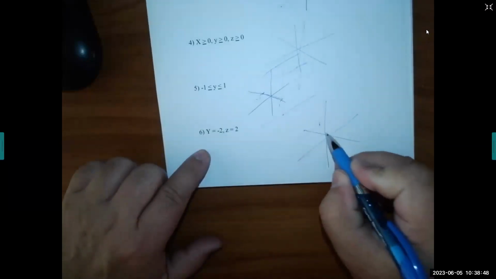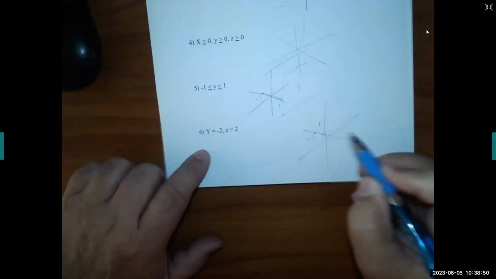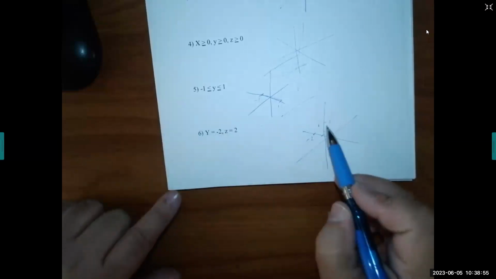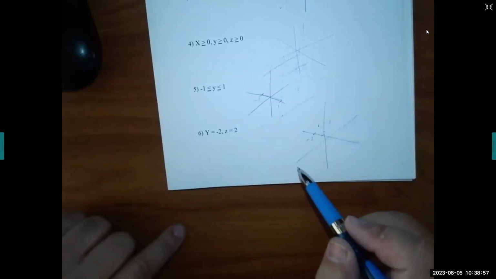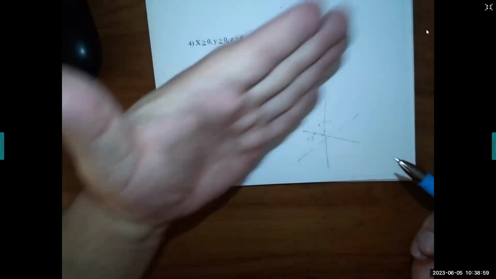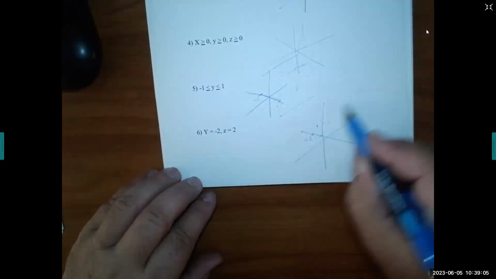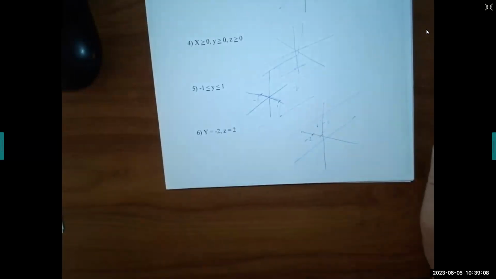So when Y equals -2 and Z equals 2, it'd be the line where both of those intersect. So that'd be a sheet like this, and a sheet like this. So it'd be a line parallel to X.